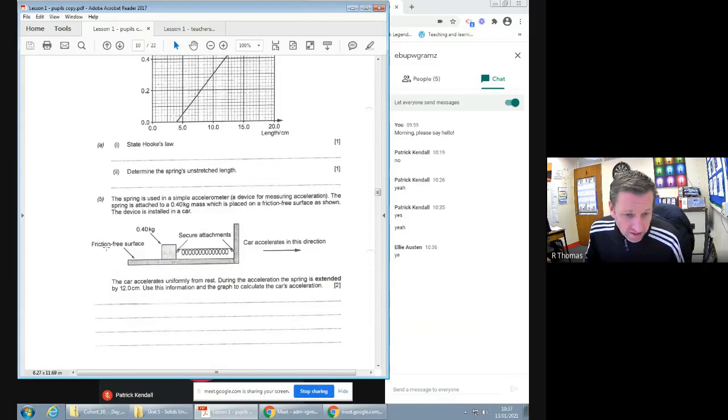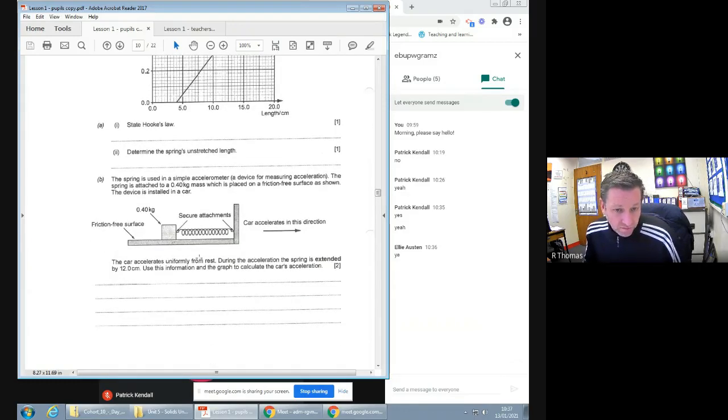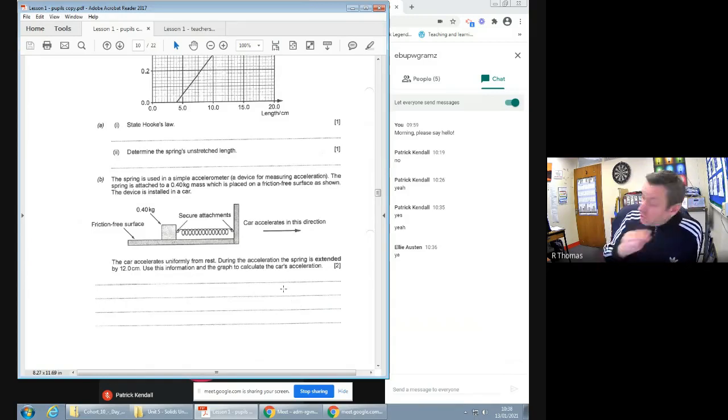The car accelerates uniformly from rest. During the acceleration, the spring is extended by 12 centimeters. Use this information and the graph to calculate the car's acceleration.